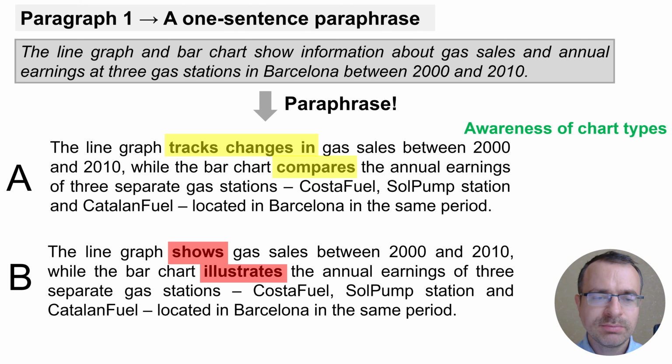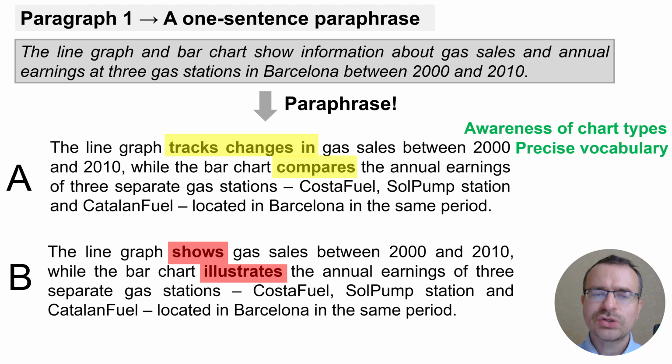points. Why is that? Because first of all, you show awareness of chart types. You just started your task one, and the examiner will read your task, and he will see that this person uses much more advanced academic vocabulary. This person understands the chart types.